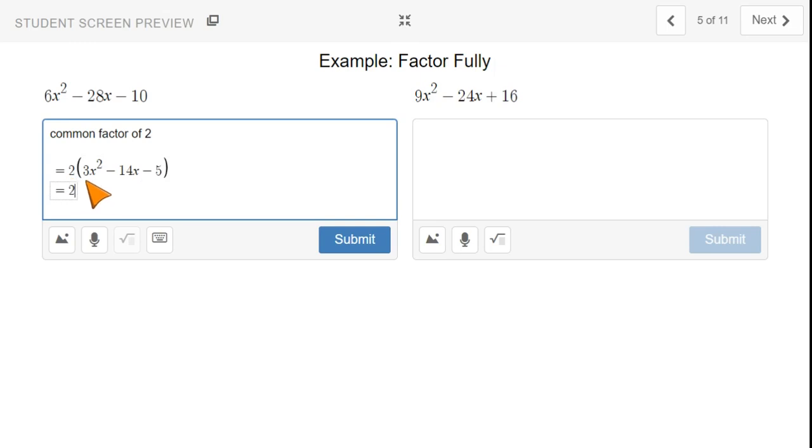We have the 2 on the outside, and we're going to leave it there, but we're going to now decompose the tricky trinomial inside. 3 times negative 5 together is negative 15. So for us to get negative 14, we would have negative 15x plus 1x.